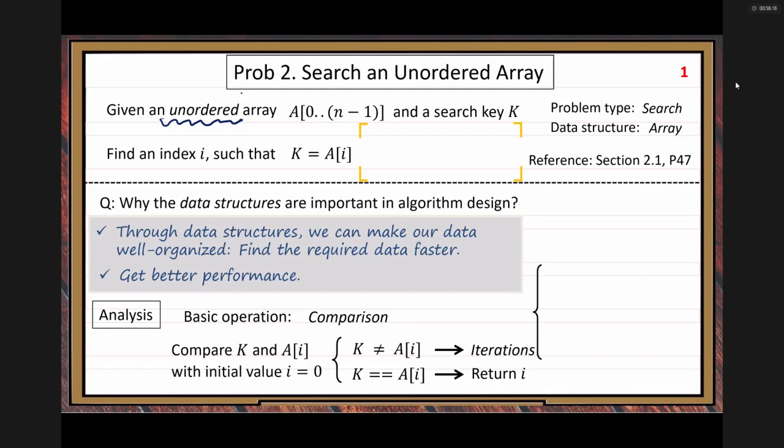In other iterations, for a typical iteration, in the next iteration we compare K with A of I plus 1. Then you want to see equal or not equal. But at the end, sooner or later you will reach the last element. Last element, that's the I value equals n minus 1.